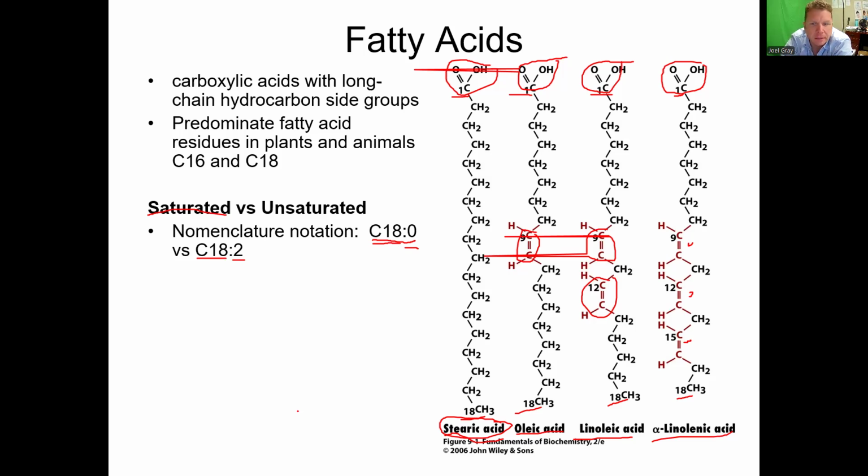Perfect. It's linoleic acid. Linoleic acid is a polyunsaturated fatty acid that has two double bonds. So 18:2. Now, if we were to look at alpha linolenic acid and name it using that same scheme, we would say C18:3.